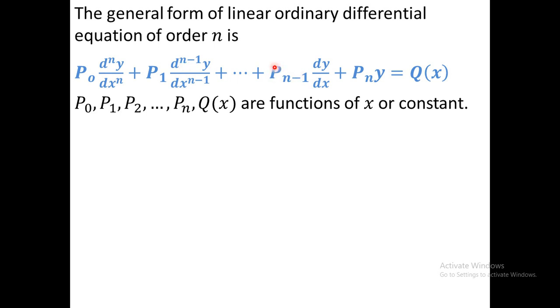And for the first order derivative the coefficient is some constant times x, and for y, the 0th order derivative, the coefficient is some constant, that is x to the power 0.